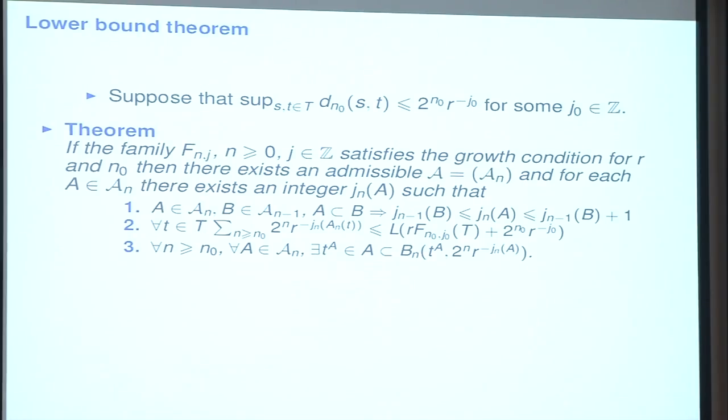And finally, the most important part is that we can control the functional from below by the quantity that is the core of any lower bound idea. So this is the chaining. So this is a gamma 2 quantity which we want to upper bound by our family of functionals.